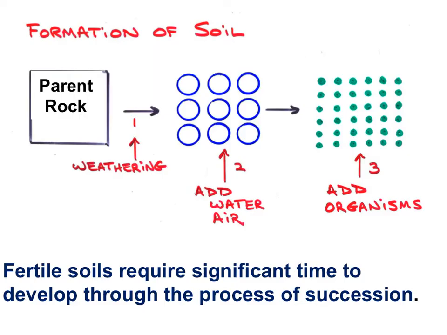So weathering breaks down parent rock into small particles and smaller particles, and with the addition of air, water, organisms, and organic matter, soil is formed. Over long spans of time, soil is a non-renewable natural capital.